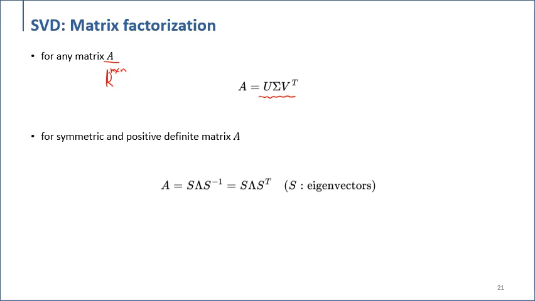And for a specific case where A is a symmetric and positive definite matrix, which has the size of n by n, then A can be decomposed like S lambda S inverse. And here, because S is also an orthogonal matrix, it can be written as S lambda S transpose. Here, especially, we call them eigenvectors and eigenvalues.